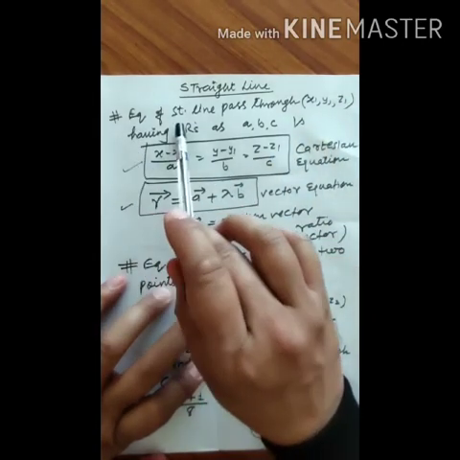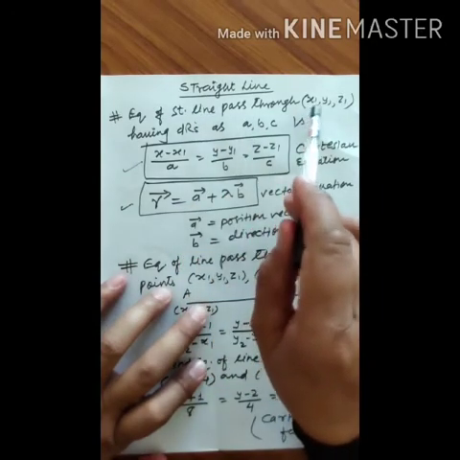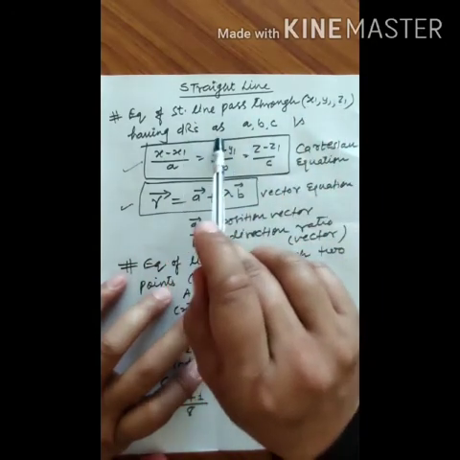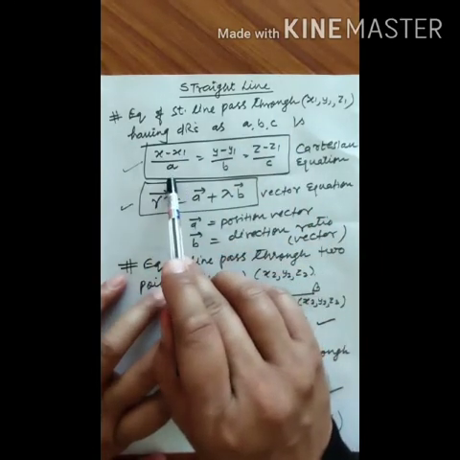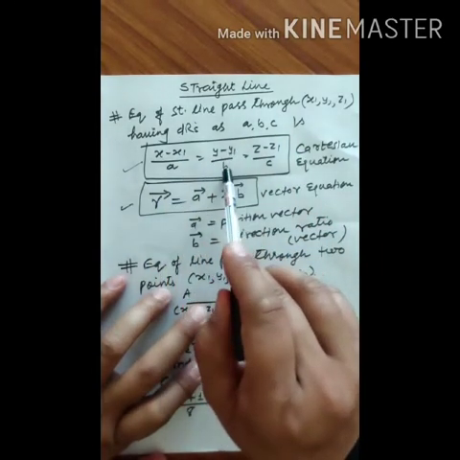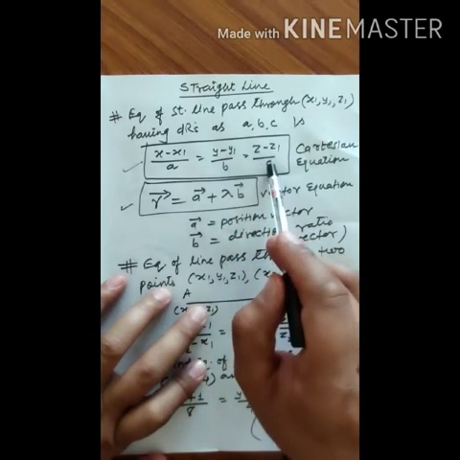The equation of a straight line passing through (x1, y1, z1) having DRs a, b, c is (x minus x1) upon a, (y minus y1) upon b, (z minus z1) upon c.